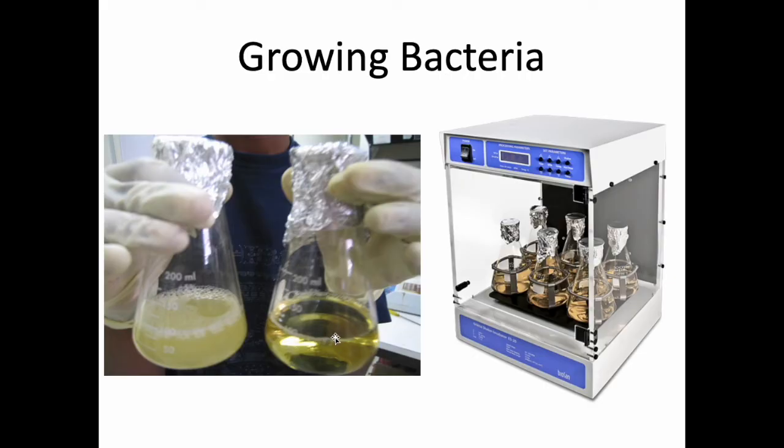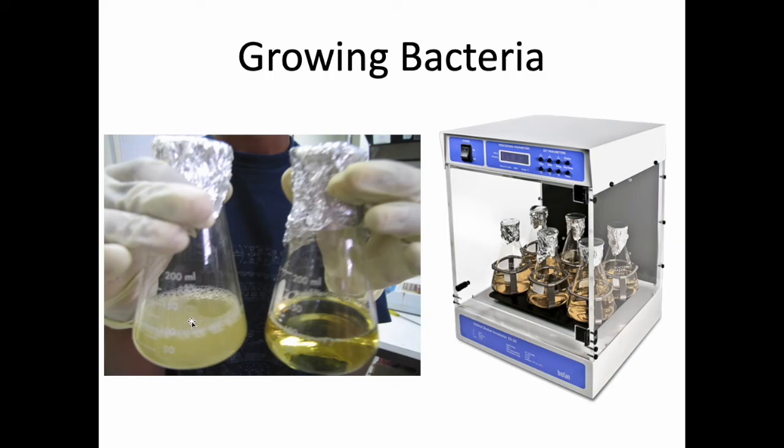If you add a tiny little pinprick of E. coli, an invisible microscopic amount of bacterial cells to this bacteria food, and you let it grow overnight, less than a day, you will come back into the lab the next morning, and that media is going to be absolutely cloudy with bacterial cells. That's what the color change is. This is chock full of bacteria.